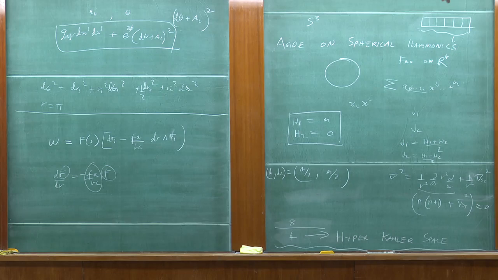I don't even know what the condition is, but let's say that at r equals pi your condition is that it has to go like (r minus pi) cubed times an arbitrary function. You put that in. So near r equals pi, it goes like (r minus pi) cubed. And then solve the equation. Then it is what it is.